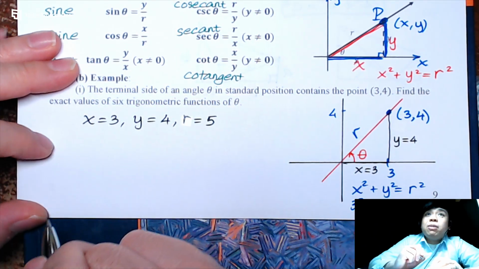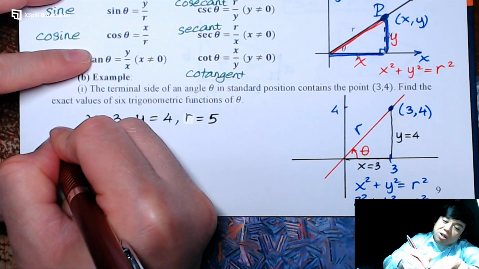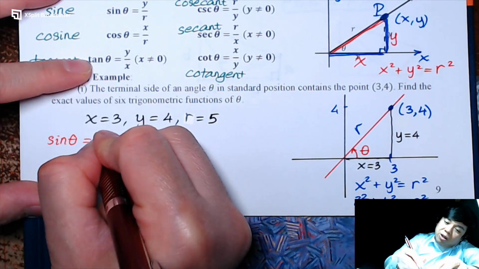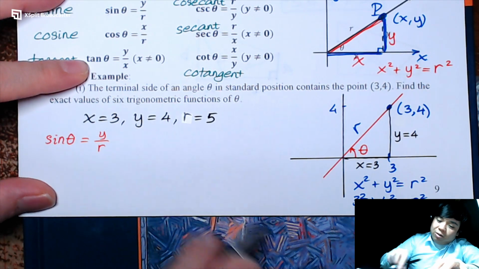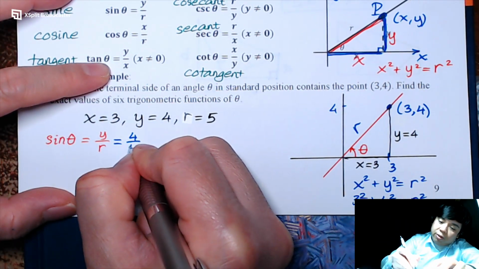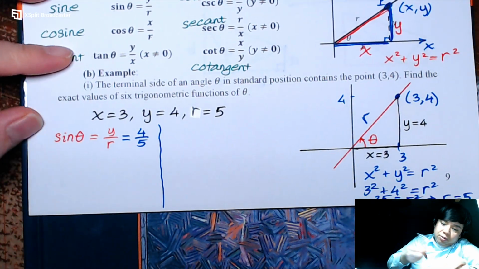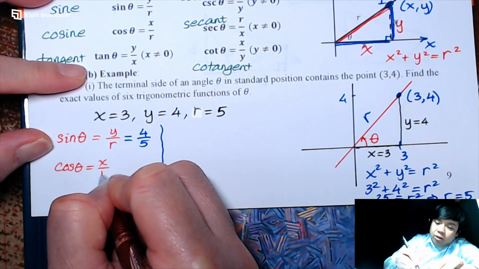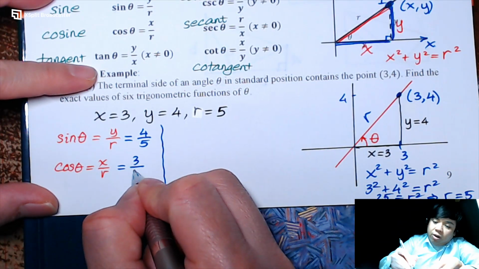There's no z. Right, and now we have 6 trigonometric functions, and like I said, for now, we just have to memorize them. Sine is equal to y over r, so 4/5. Cosine is x over r, 3/5.